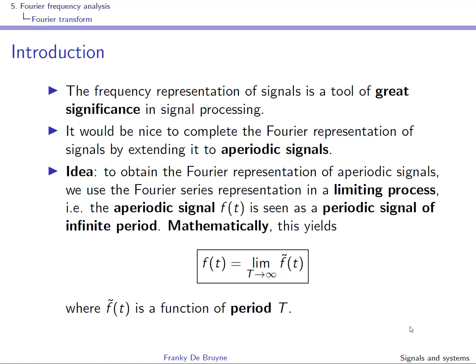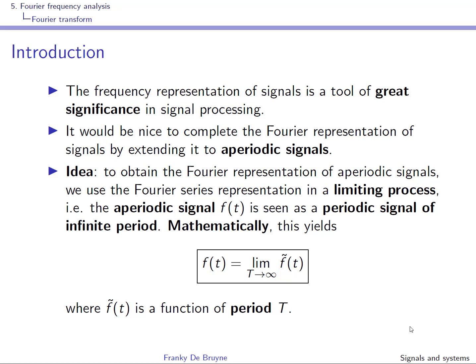Of course, it would be nice to have that kind of frequency representation not only for periodic signals but for aperiodic signals. So what we'll do is see this aperiodic signal f of t as a periodic signal with a period that is tending to infinity.